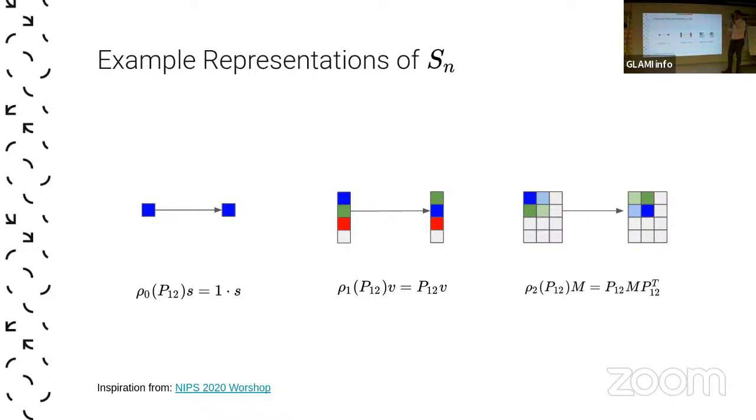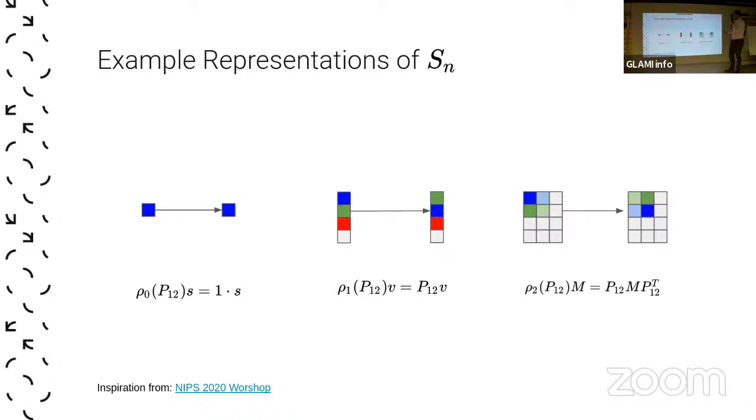Then, of course, if we have each node in a set or on a graph represented by one number, so, overall, we have a vector describing the features, then the particular representation of this permutation of the first two nodes is in the second picture. You can see that the colors switch in the first two rows, right?